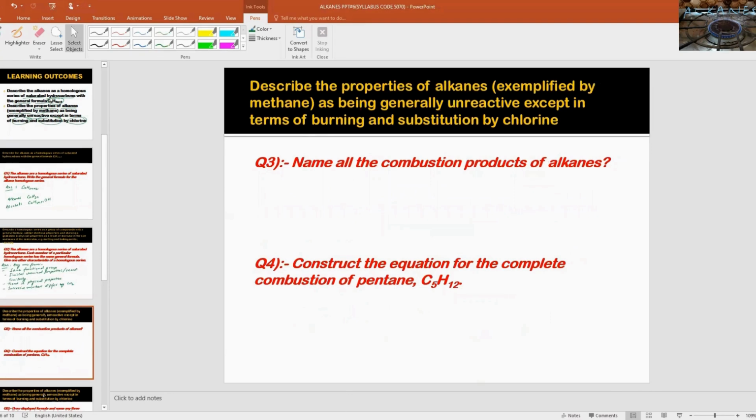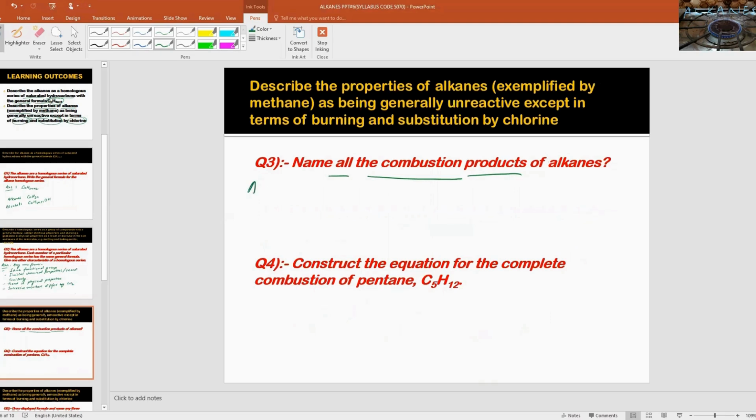Name all the combustion products of alkanes. Now in the question, they are asking about all the combustion products. They are not saying write the product for the complete combustion or incomplete combustion. Instead, they are saying name all the combustion products of alkanes.